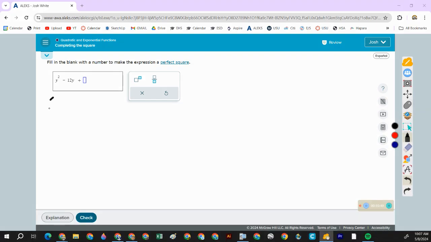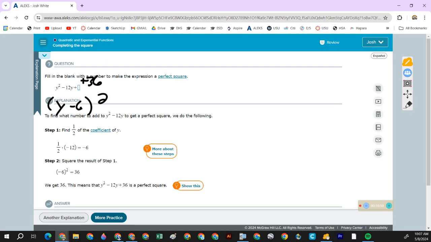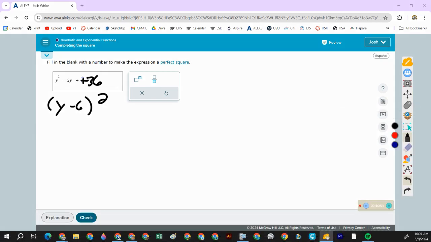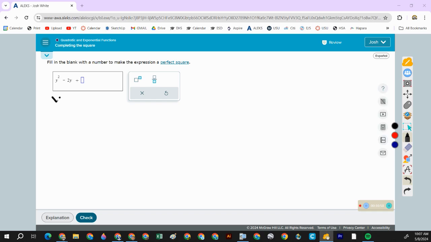So this would be y minus 6 squared, which means this would be 36. The perfect square would be y minus 1 squared, which means the number needed to complete the square is a 1.